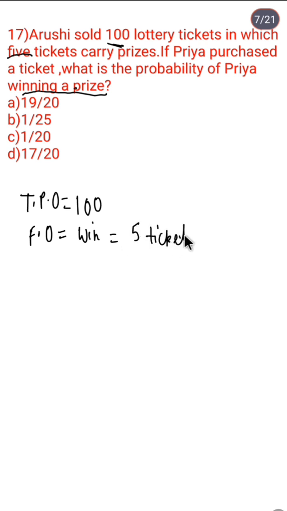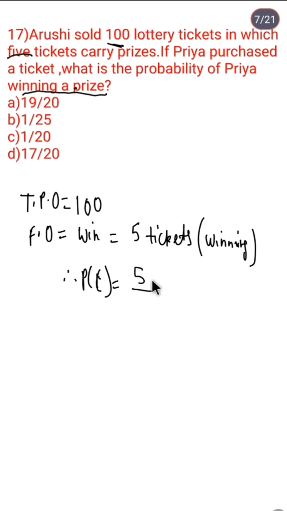Therefore the probability is 5 by the total, 100, that is 1 by 20, option C, 1 by 20.